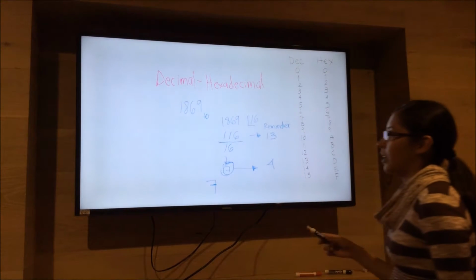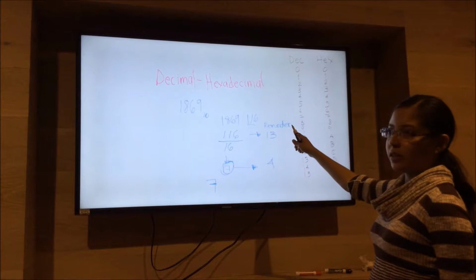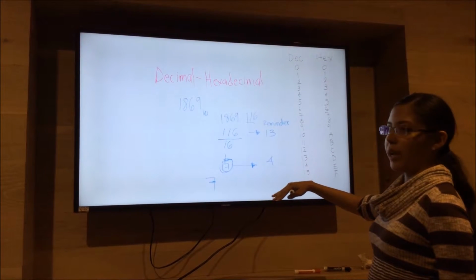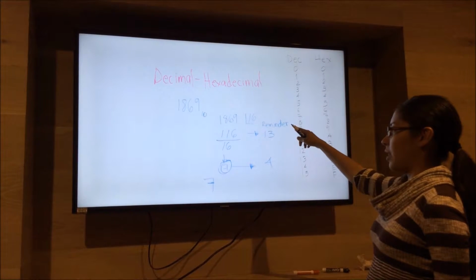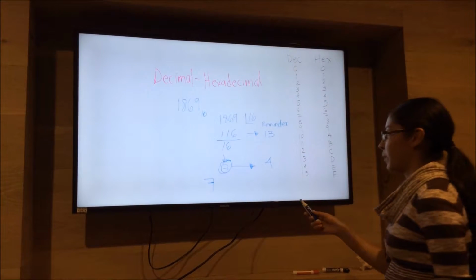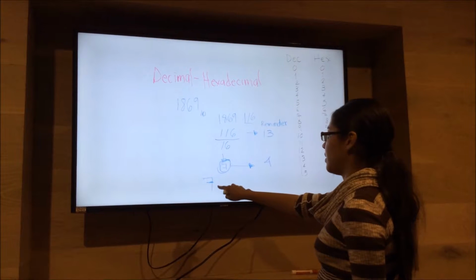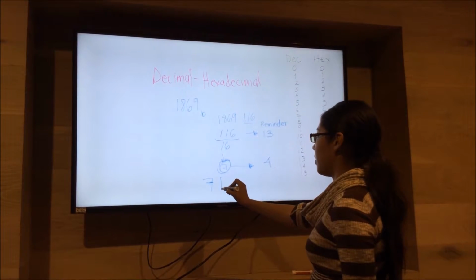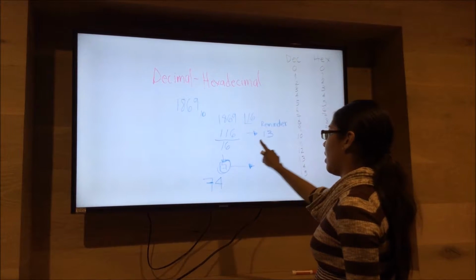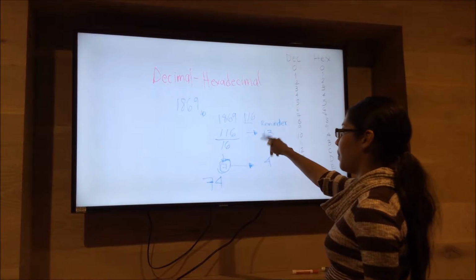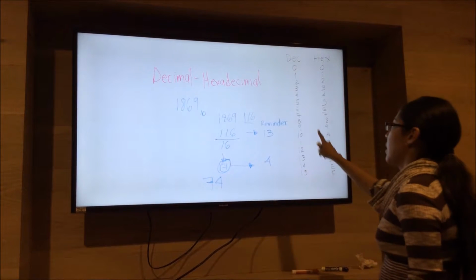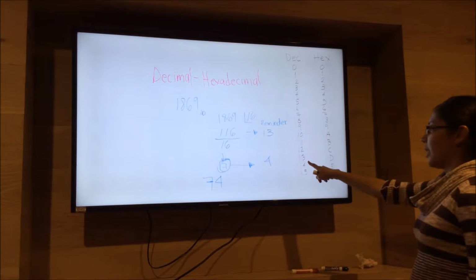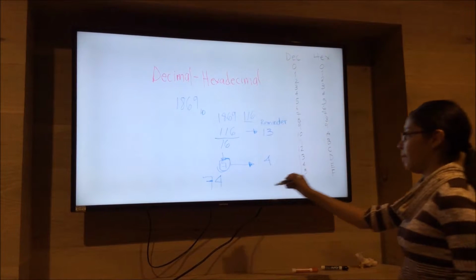Then we're going to start to add all our remainders from the last we obtained until the first remainder we got. In this case, after 7 we're going to have 4, and then our last remainder is the number 13. But we have to put the number in the hexadecimal system. In this case, 13 is equal to D.